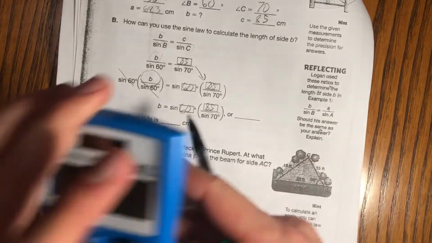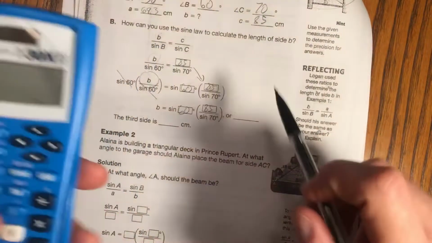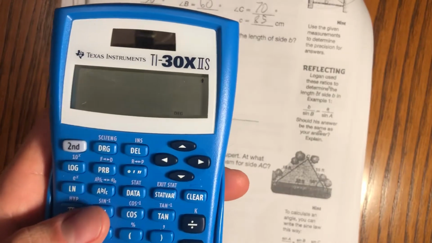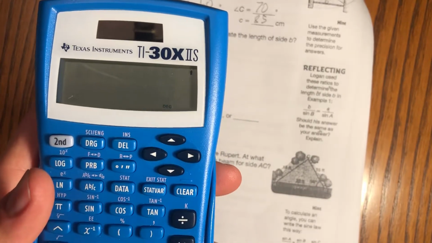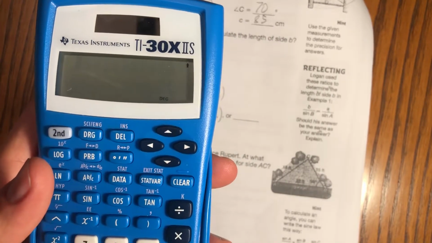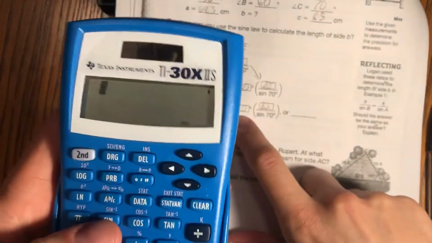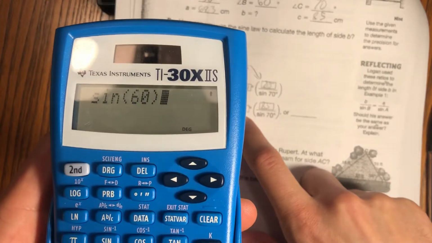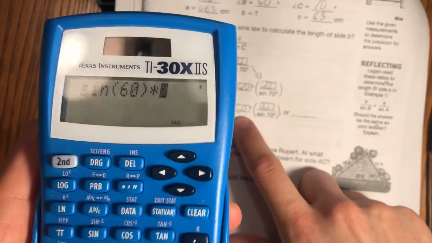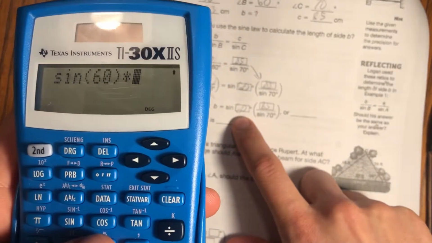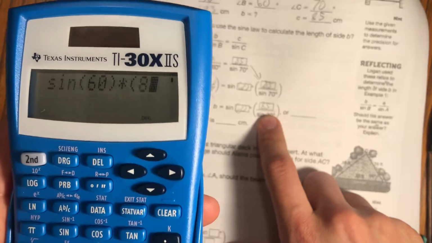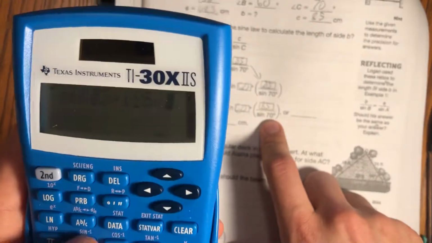So if you pump that in your calculator, if you do it right, I'll show you how to do it the first way. And remember, you want to do this along with me because you will be doing the provincial exam after you finish all of these booklets. So we have sine 60. So type in sine 60 times, then we're gonna bracket, because they have a bracket down here, bracket 85 divided by sine 70.